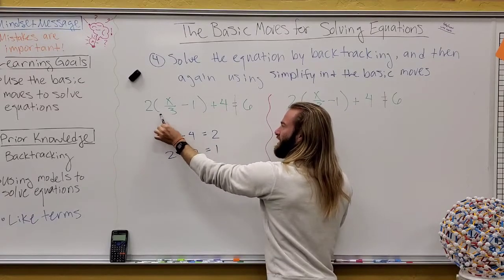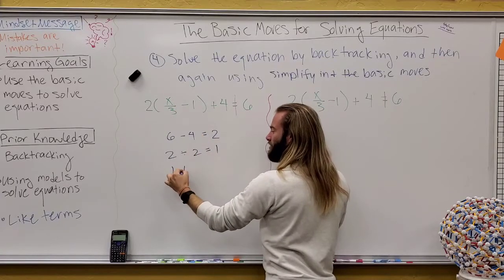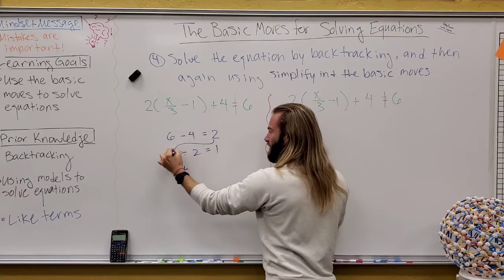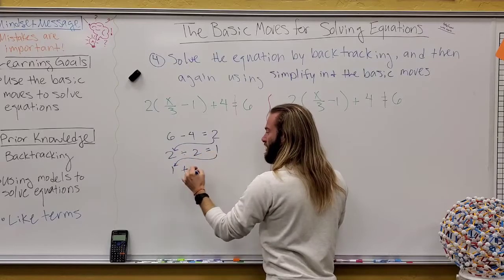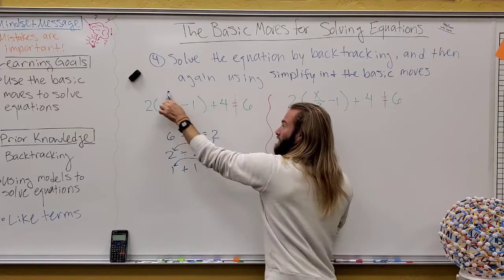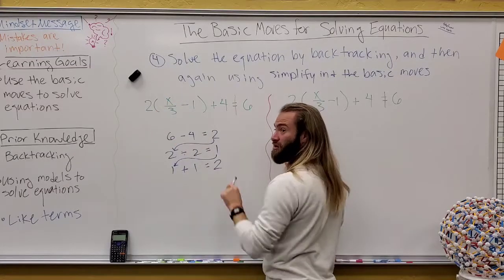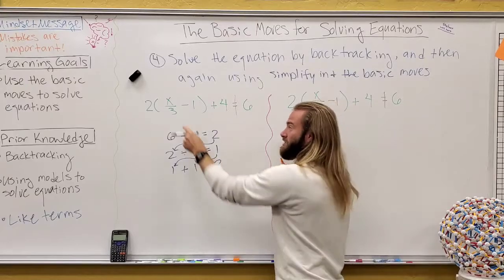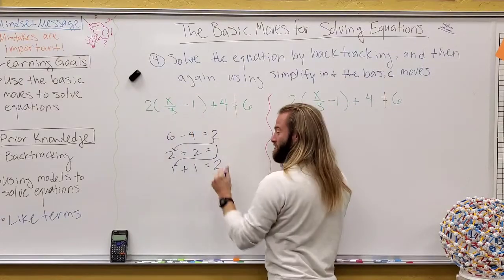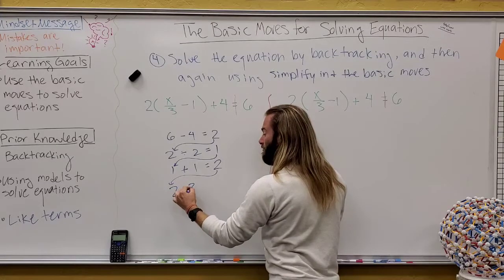And then what's the next thing I need to undo? I need to undo this subtracting 1, so I need to add 1. So I'm going to take this 1. Don't forget that this is going here. And then I'm going to add 1, and that's going to give me 2 again. And then my first step here, if I think of it as a number trick, is take a number, divide by 3, right? So I need to undo that by multiplying by 3.